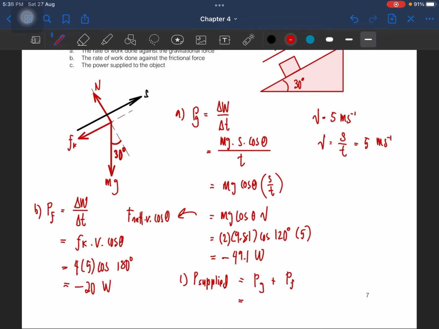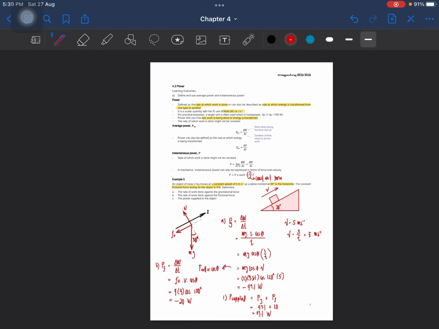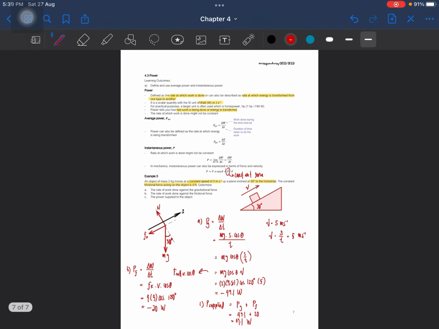So that is negative 49.1 plus negative 20. The negative sign you do not include, it is just telling you whether work is done by the system or on the system. So adding with 20, we get 69.1 watt. So that is how much power is being supplied to this object. Okay, so that is our final example, and that is the end of our chapter 4.